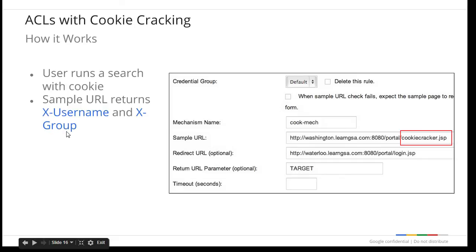Once you've written and deployed this script on your content server, point the GSA to it using the sample URL field in your universal login auth mechanism. The GSA will send the cookie to the script and automatically read the returned headers. You should be able to see a verified identity in serving logs and security manager logs when you use a cookie cracker.